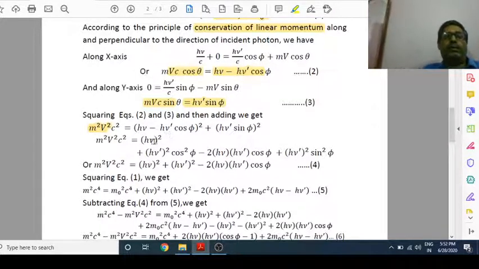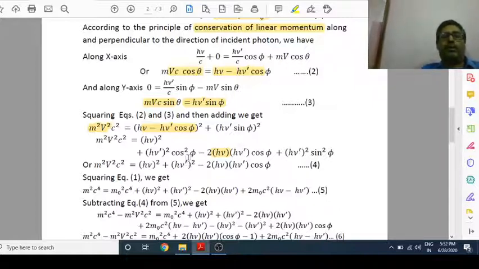And now we resolve. First we take this term, a minus b whole square, so a square plus b square minus 2ab. And this is only one term, so it is h square nu dash square sin square phi.